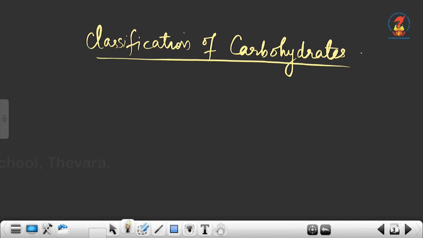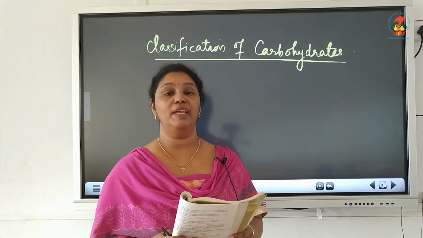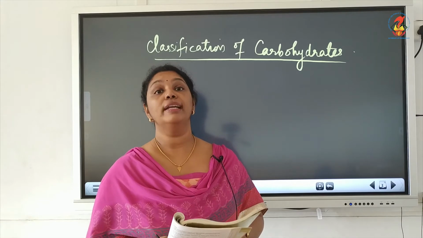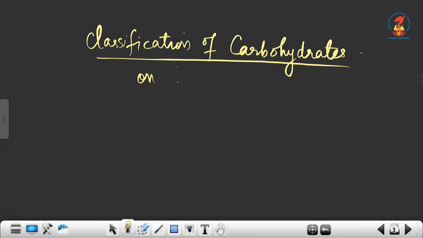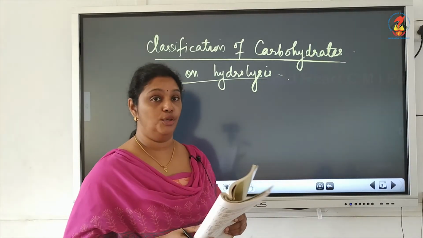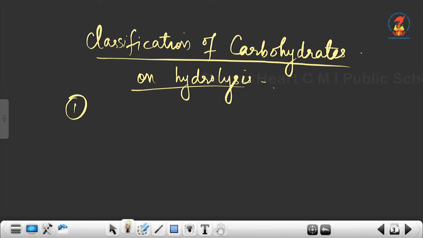Now, carbohydrates can be classified on the basis of their behavior on hydrolysis. So, the classification is based on the hydrolysis. Now, they are divided into three groups. The first type of carbohydrate is monosaccharides.